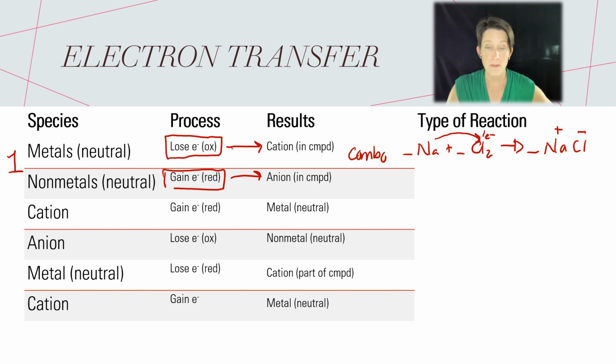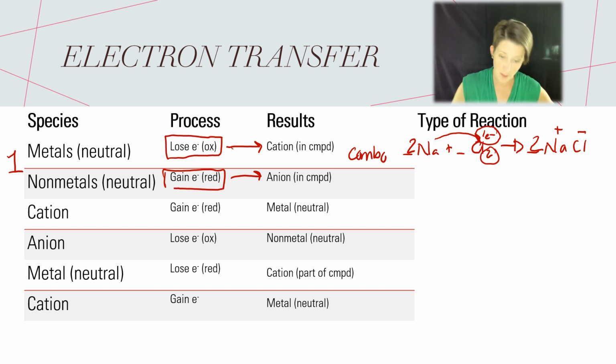Now the electrons are going to balance just like we do with everything else, so we need two sodiums. Each sodium donates one electron to each of the chlorines to create sodium chloride. So the number of electrons that move is part of that balancing process to make sure the correct number of ions have been made. All right, so that is our combination reaction.